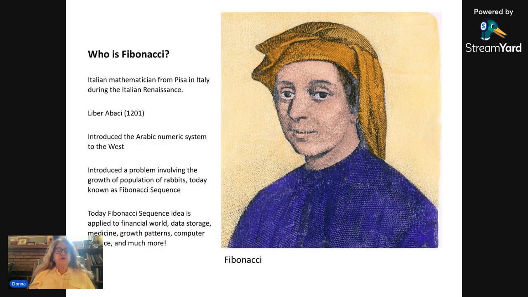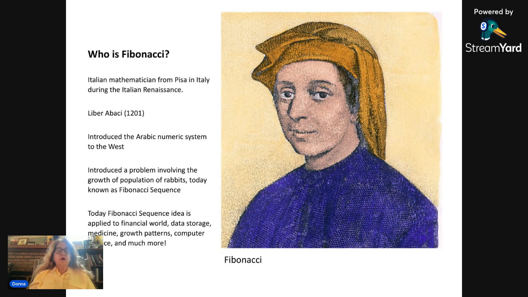So, first of all, I would talk a little bit about who Fibonacci is. He's a mathematician from the Italian Renaissance, and he came out with a famous book, Liber Abaci, in 1201.